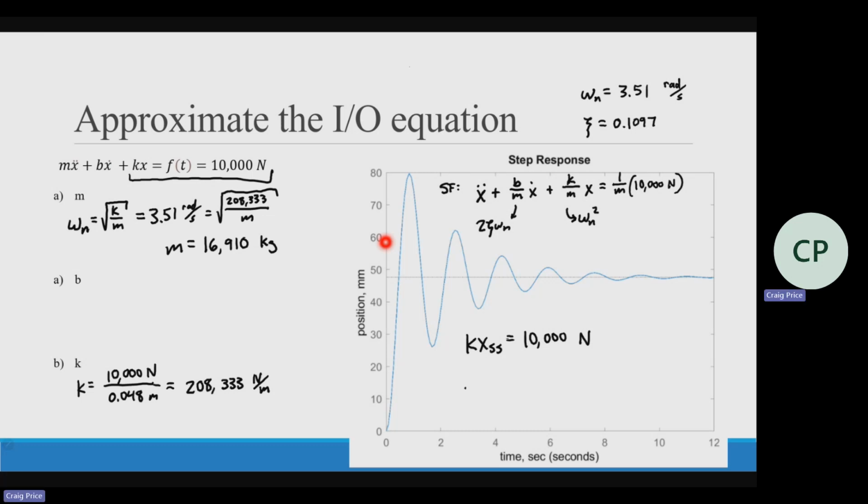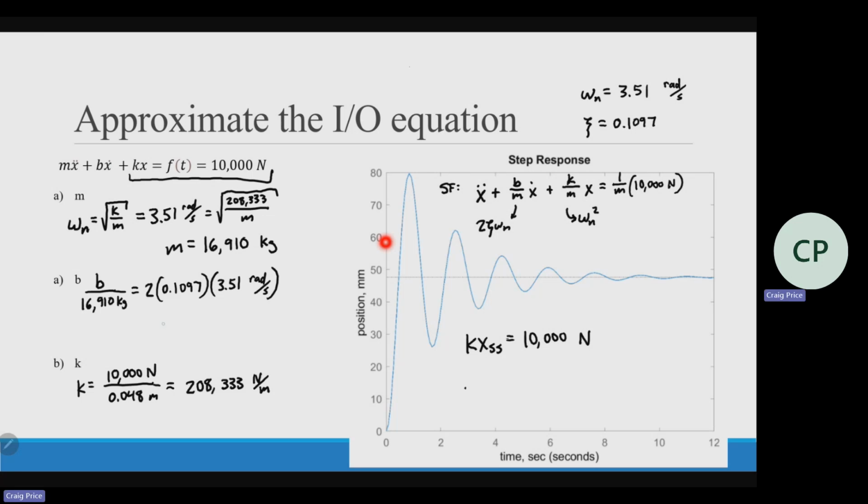And then lastly, we can find B. So we use the second part of this equation. So B over M, which is 16,910 kilograms, is equal to 2 times zeta, which is 0.1097, multiplied by the natural frequency, which is 3.51 radians per second.